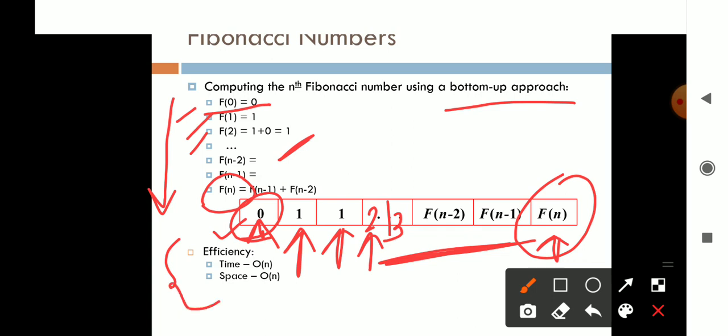So efficiency of this algorithm, here the time required is of course big O of n, because n number of inputs are there, and also we are having n number of values here. That is, the array will have n number of values, that is f of n. And here we have the space complexity. The array will have the size that is equal to n.